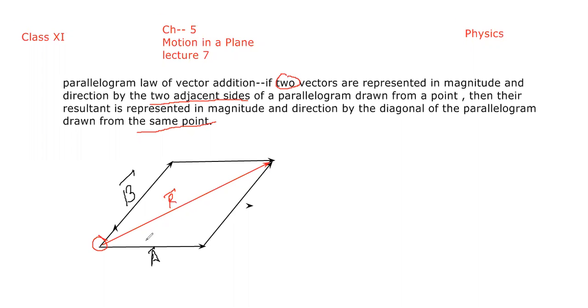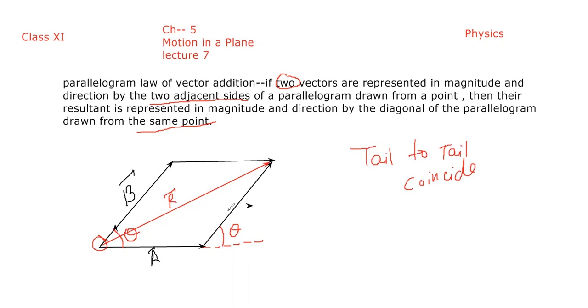Suppose two vectors are joined, one head and one tail. If tail to tail coincide, then the angle formed by these two vectors is called the angle between the vectors. This is theta.